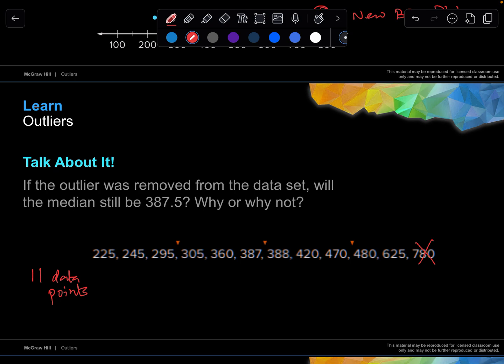The median is now the value in the middle, which would be my sixth data point, which would be this. Right? Whereas my old median was 387.5. My new median is 387, so it does change.